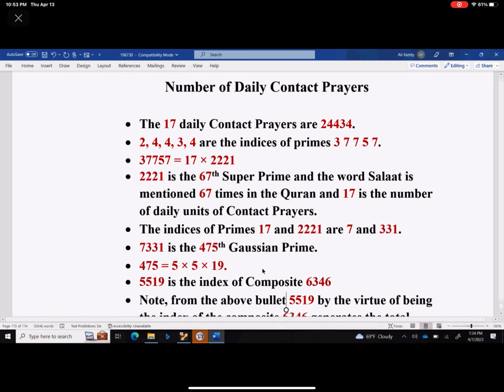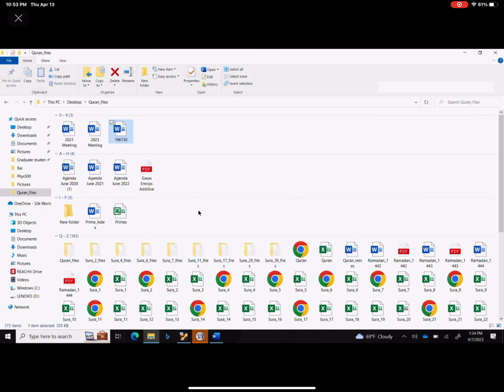And furthermore, you see this 475, I said 7331 is the 475th Gaussian Prime. You know what 475 is? Again, we go back to the Quran.